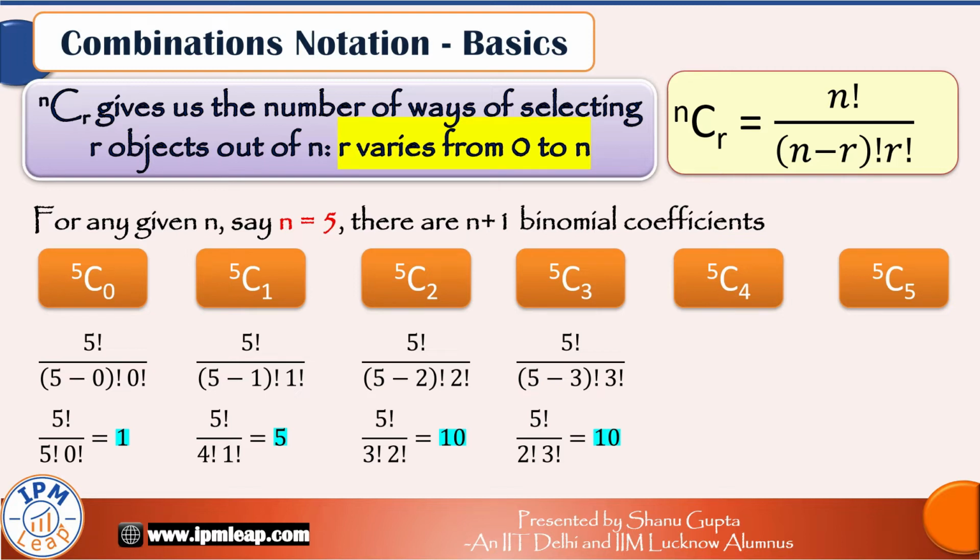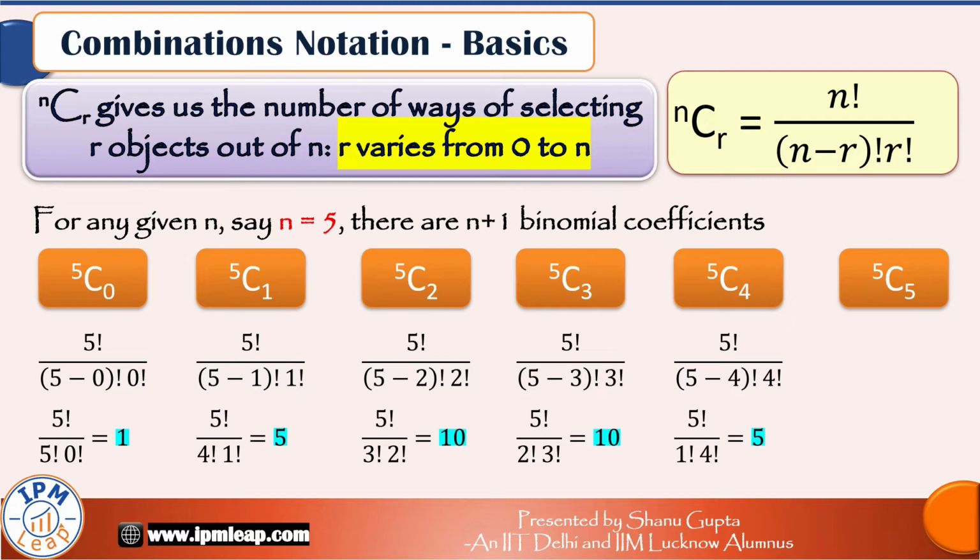So 5C3 is also equal to 10. Next comes 5C4. 5C4 will turn out to be equal to 5C1. Why? Because logically thinking, whenever we select one object out of 5, we are rejecting the remaining 4 objects. Correct? So number of ways of selecting one object out of 5 is simply equal to the number of ways of rejecting the remaining 4, and therefore 5C1 is equal to 5C4 and both are equal to 5.